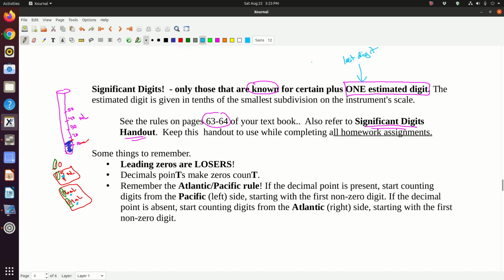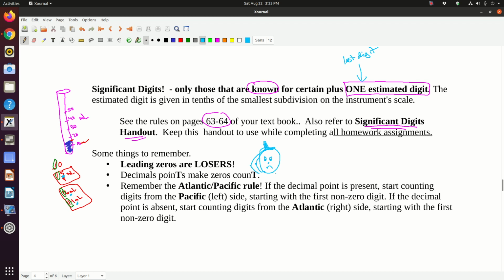All right. Now, some things to remember about significant digits. Leading zeros are losers, and I'm going to draw a little face here. I usually hold up my hand and make an L with my hand on my forehead to say that. And this is supposed to be my hand.